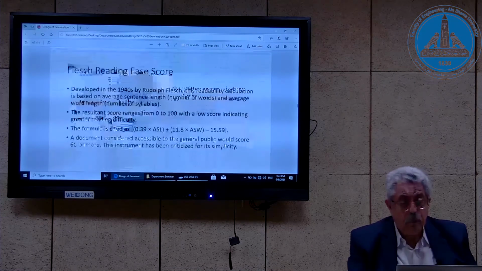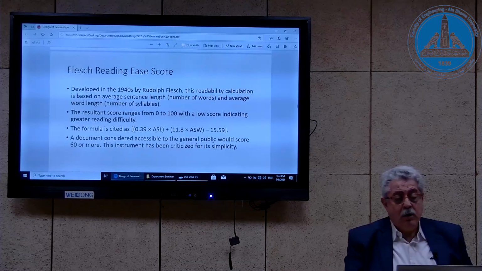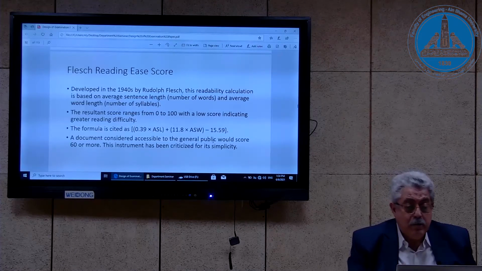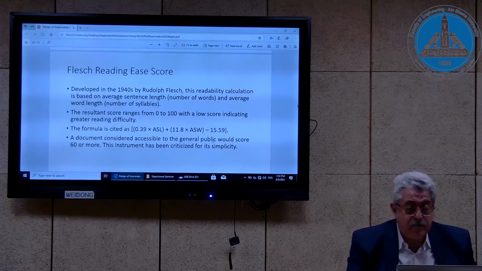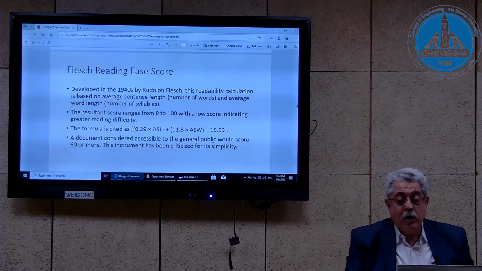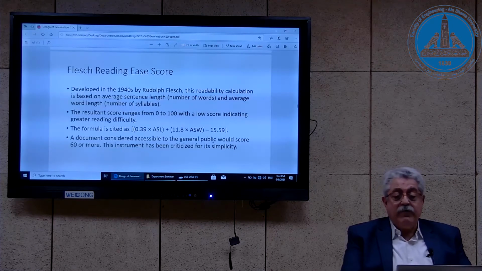The Flesch Reading Ease score was developed in the 1940s, and it is calculated using some aspects of sentences and paragraphs, and the score ranges from 1 to 100, with a low score indicating greater reading difficulty.